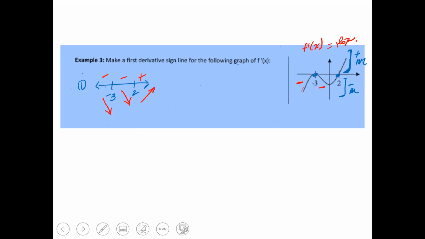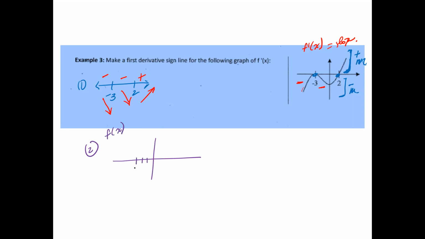And then if I were to go ahead and sketch this graph, this is my f of x graph. I'm going to have to go backwards. Here is -3, and then here is 2. My graph is going to look something like this, where before 2 it is a continuous negative slope.